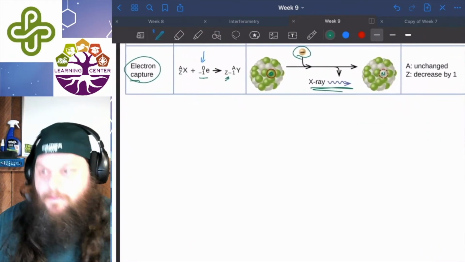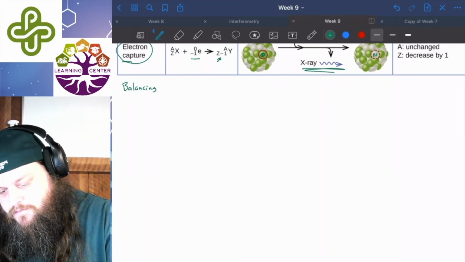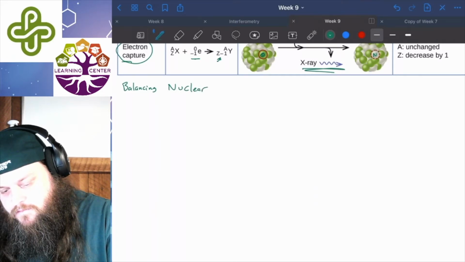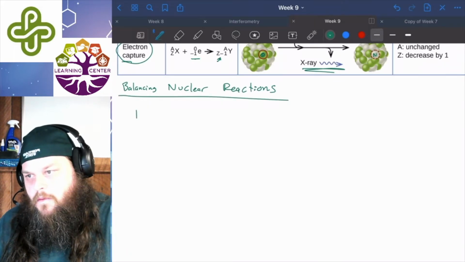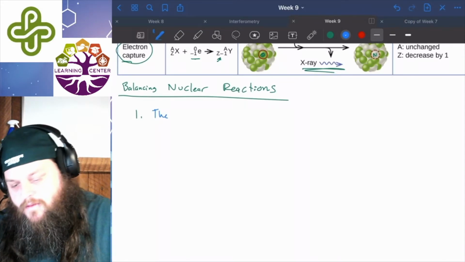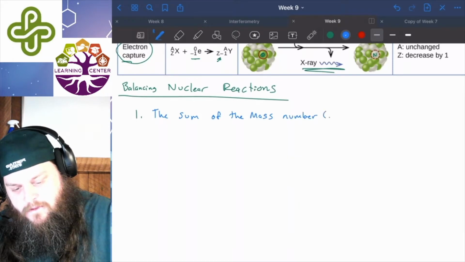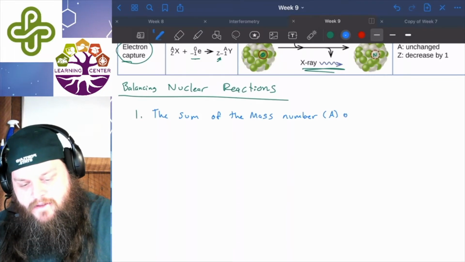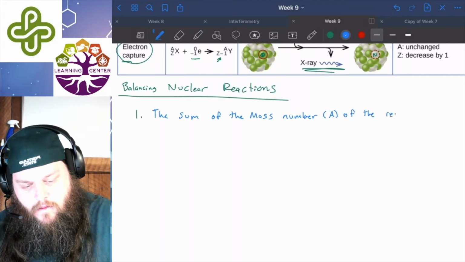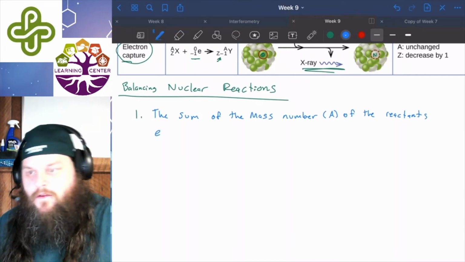So here are a few tips on balancing nuclear reactions. We can say that the sum of the mass numbers, which is A, of the reactants equals the sum of the mass numbers of the products.